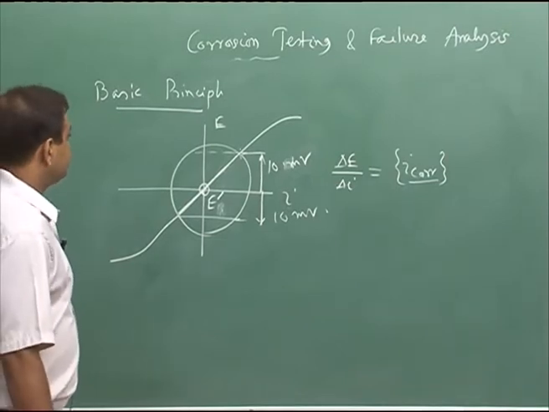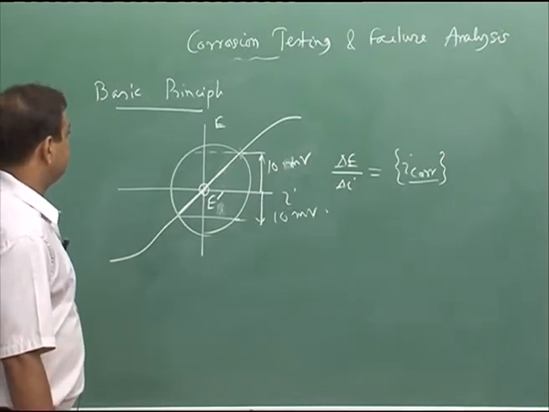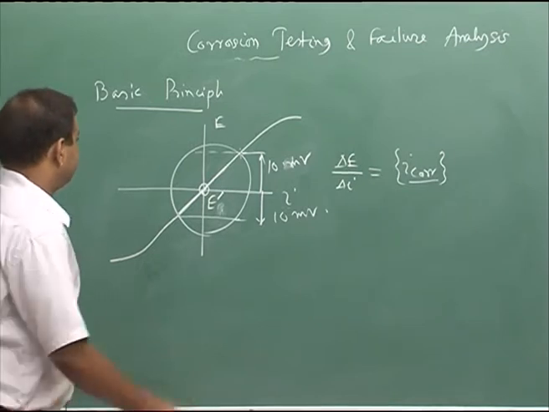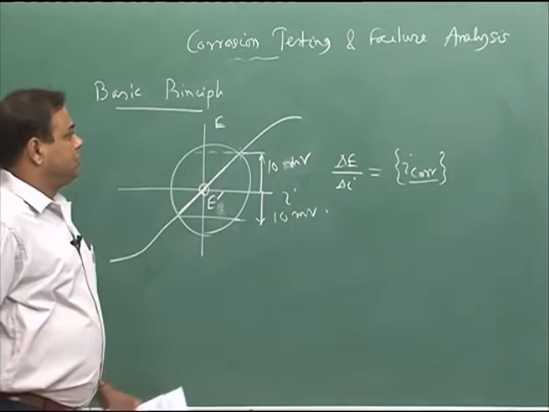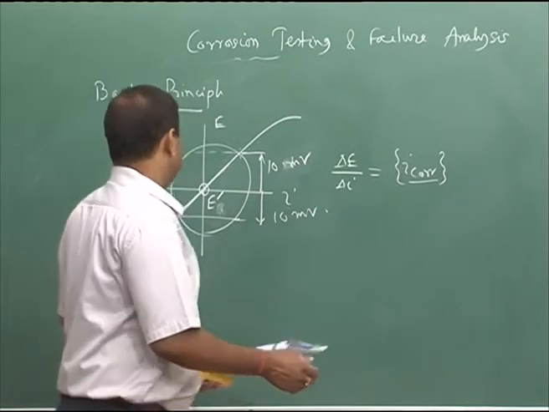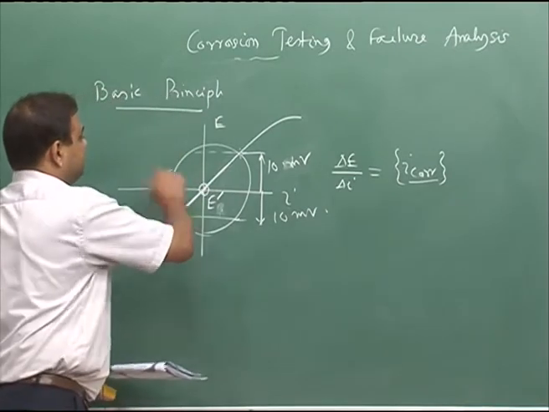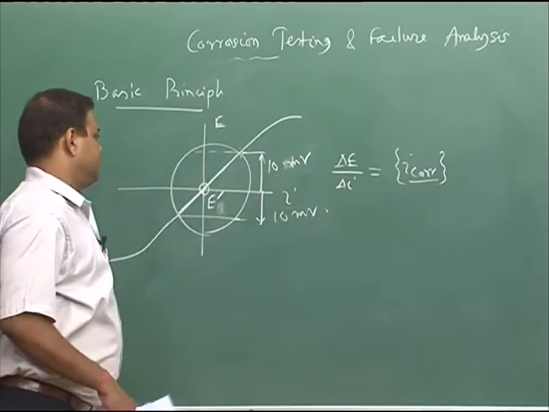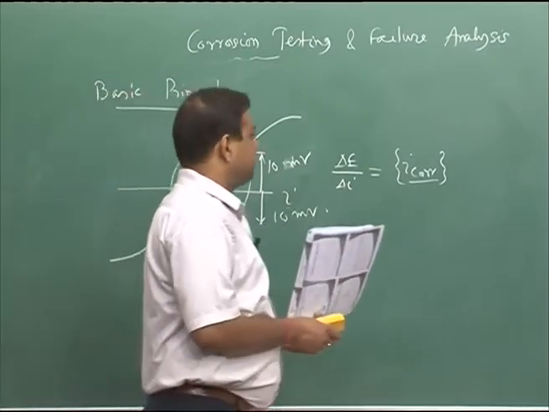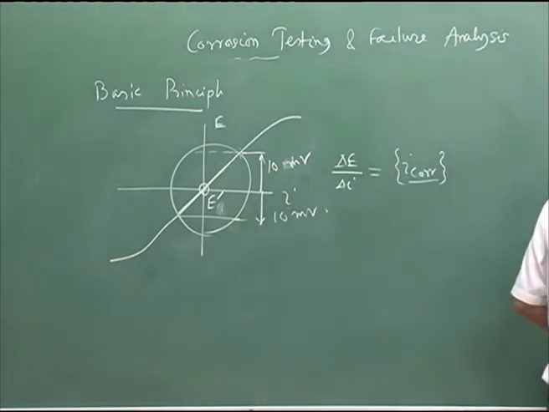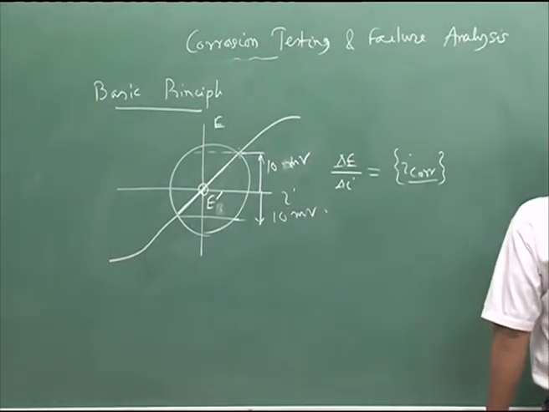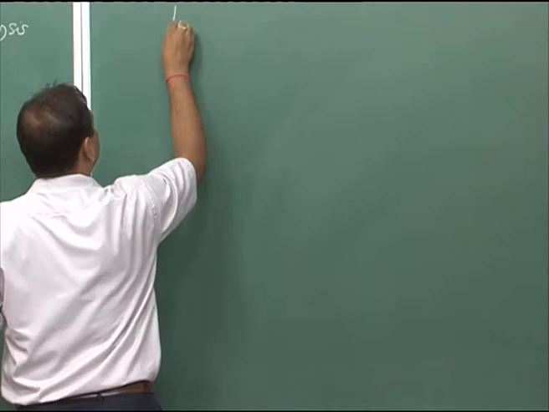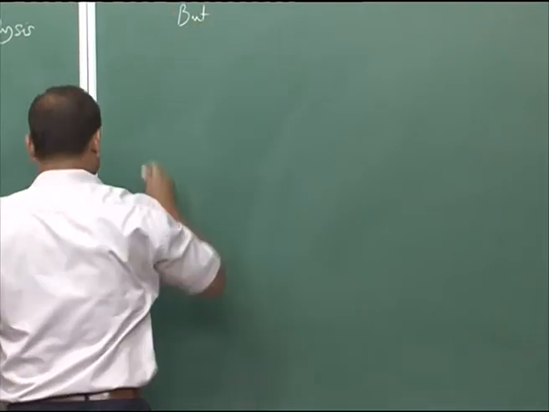Now, in order to understand better how we would get to this particular linear part, let us find out what is the basic structure, and for that we need to use the help of the Butler Volmer equation.